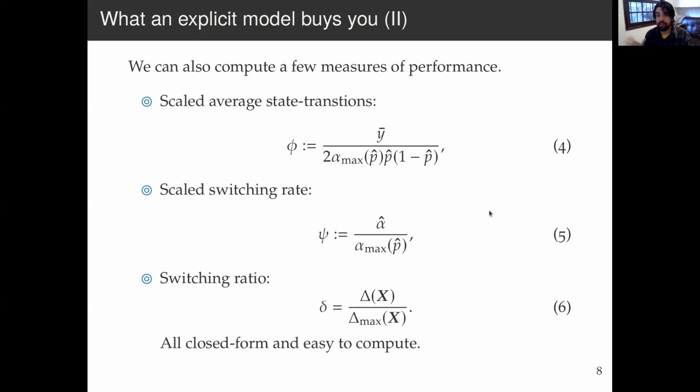Right, so that's what having an explicit model buys you. A second thing that it buys you is that then if that is really the model, then you can create some measures of performance that are custom made for that model. So here, for instance, Y is the process where I only count the transitions, right? So that is also a two-state Markov chain. We proved that in the paper.